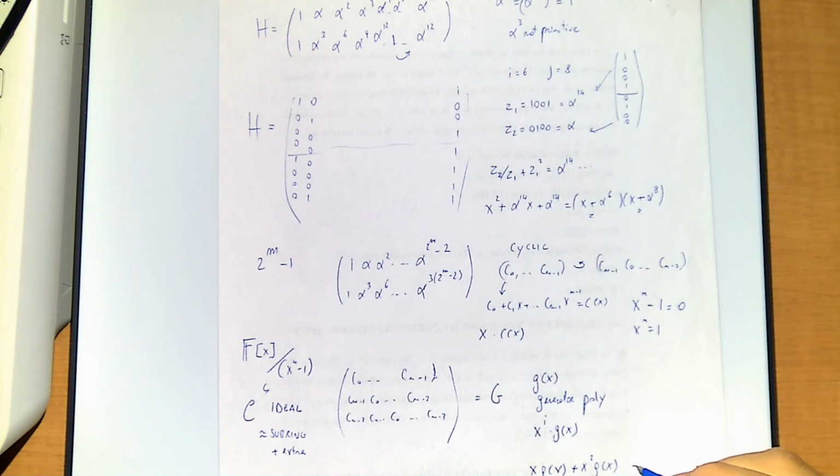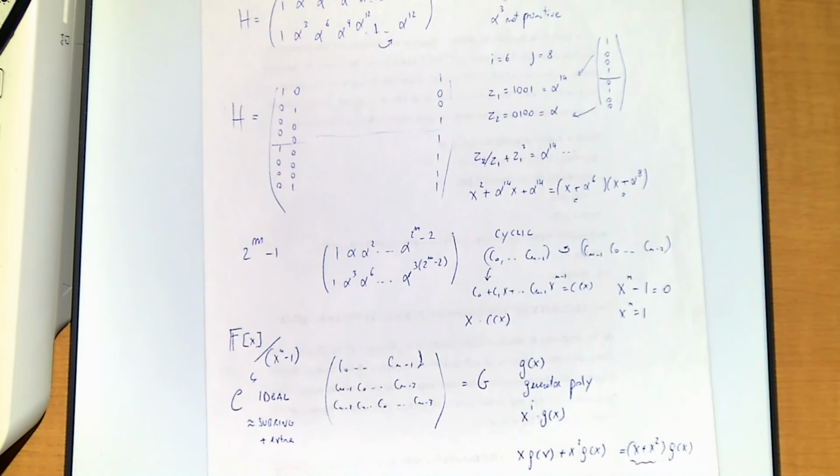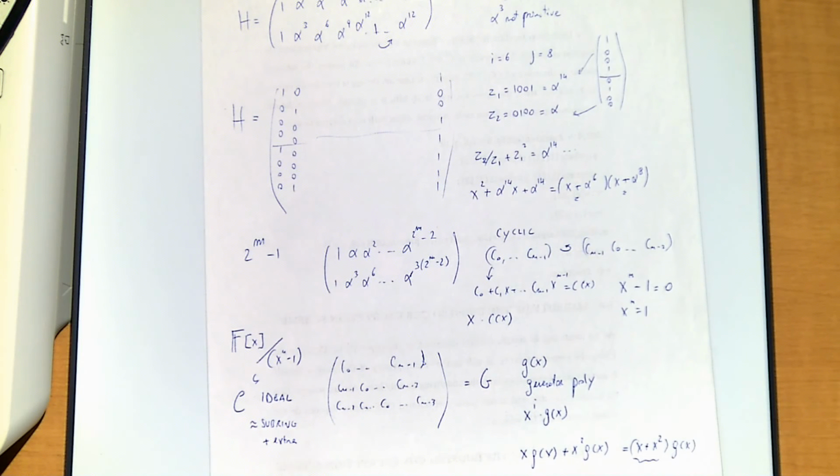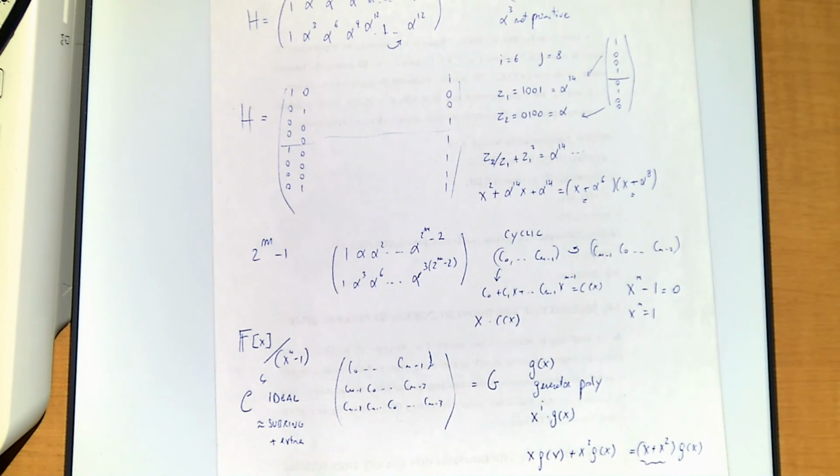So the generator polynomial defines not only the generator matrix, but actually every word is a multiple of it. So in the generator matrix you have the simple multiples, and all the other code words are combinations of these. So these are very cool, and we can use this idea to generalize the BCH codes.